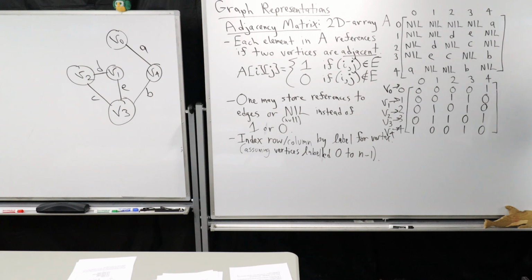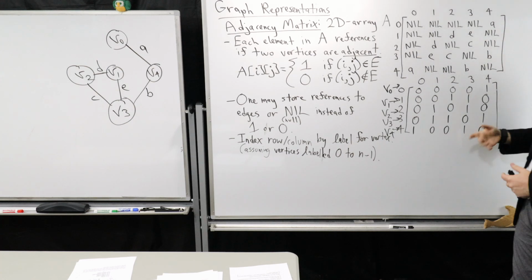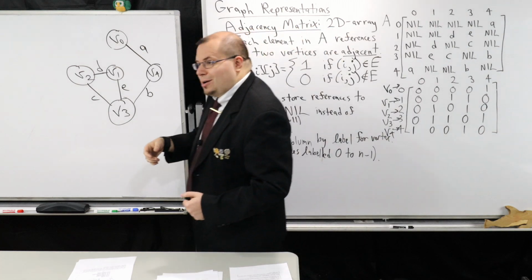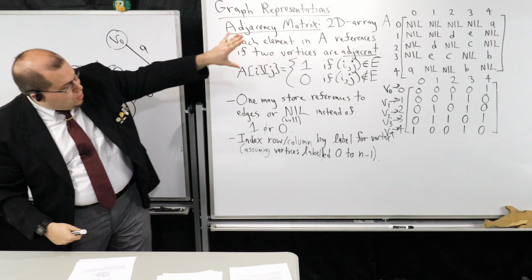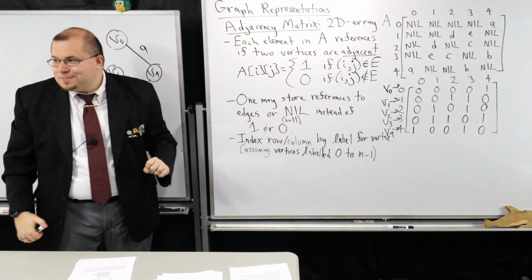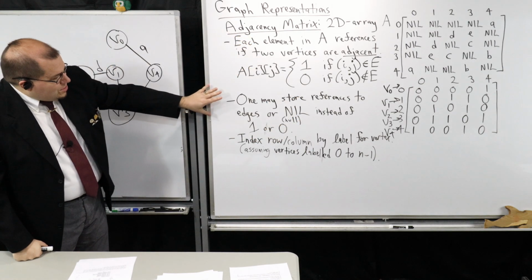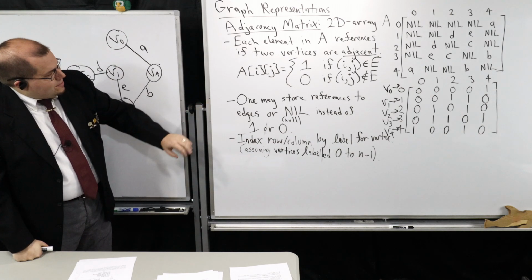Instead, you could use a more OO-based approach where whenever there is no adjacent vertex, you put a null reference in, and whenever you have an adjacency, you can put a reference to an edge object right here. So you can store the references to edge objects in the matrix. That's the more OO-based approach; this is the more classic one.